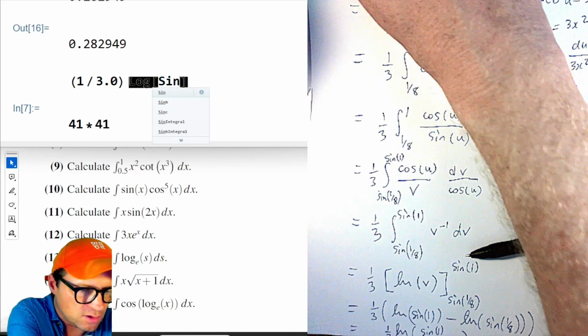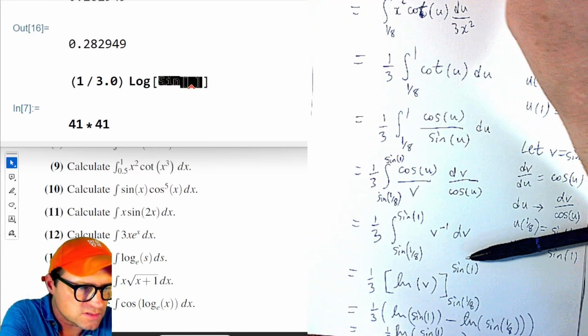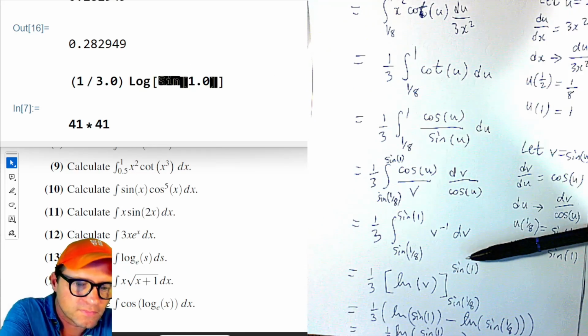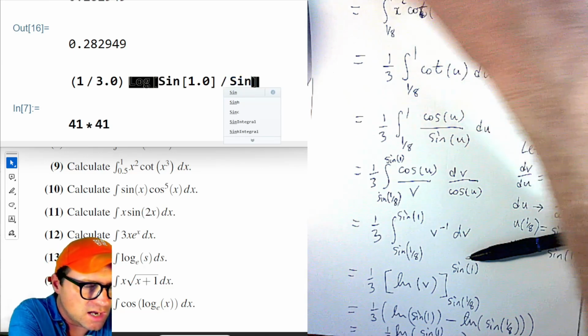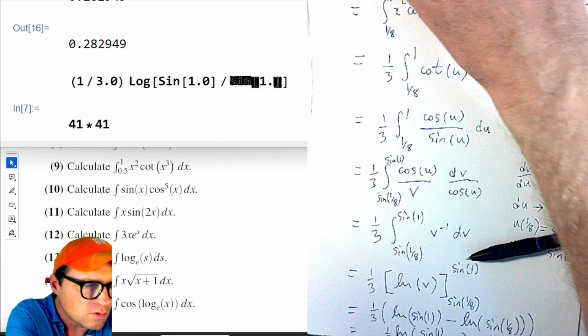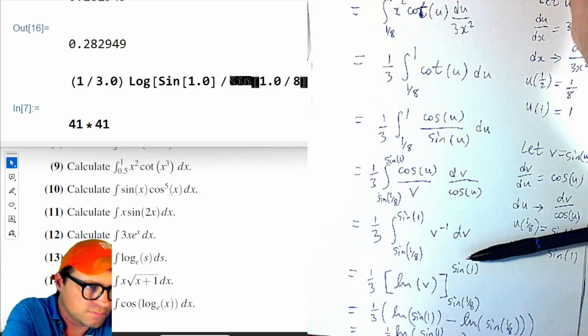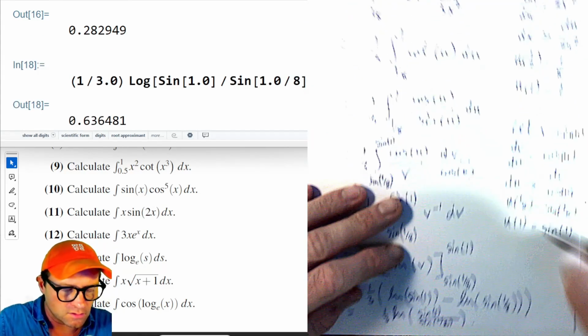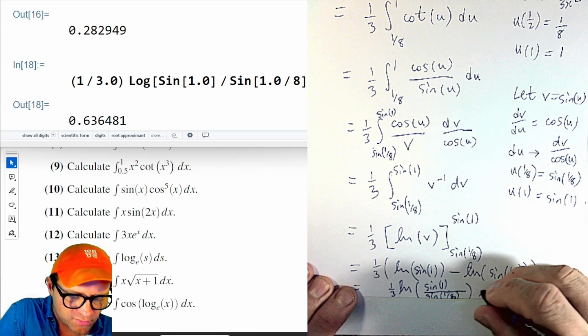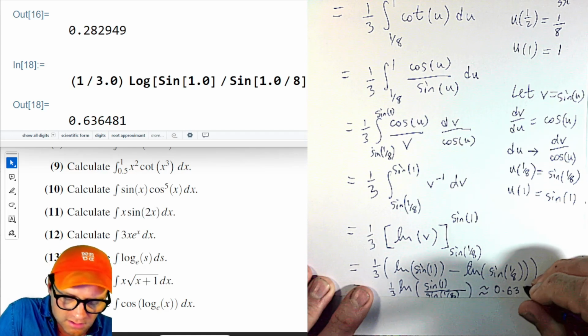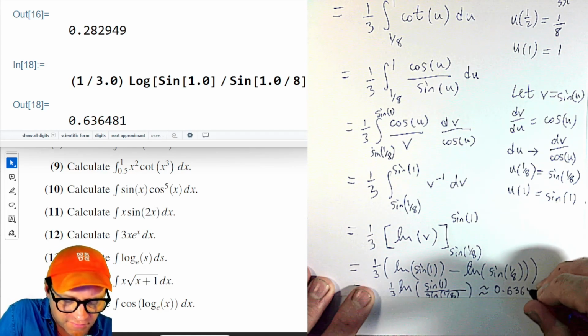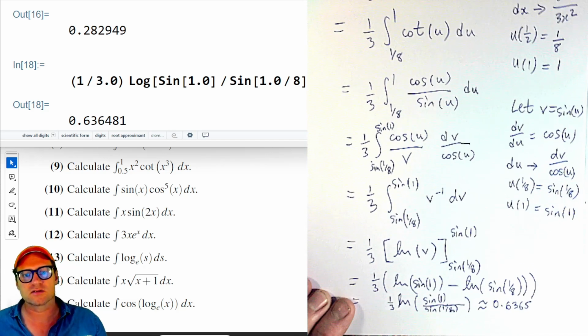And then we'll enter our quotient, sine of 1.0 over sine of 1.0 over 8. Okay, and so I get approximately 0.6364 or 65 if I round to 4 decimal places.